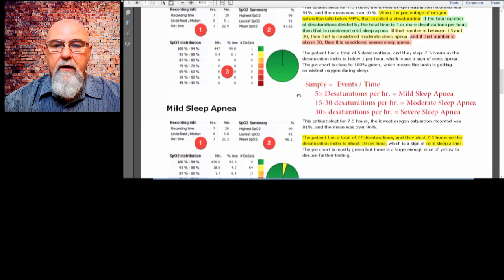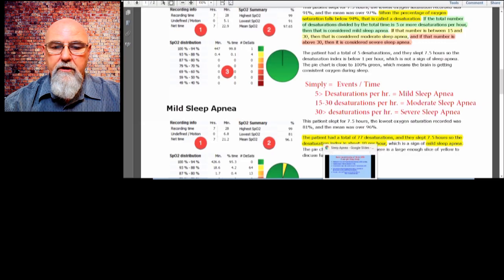So what it says here is if there are 5 or greater desaturation events, but not quite to 15, then it's called mild sleep apnea. And if there's 15 to 30 desaturation events per hour, then it's considered moderate sleep apnea. And if there's 30 or above desaturation events per hour, then it's considered severe sleep apnea.